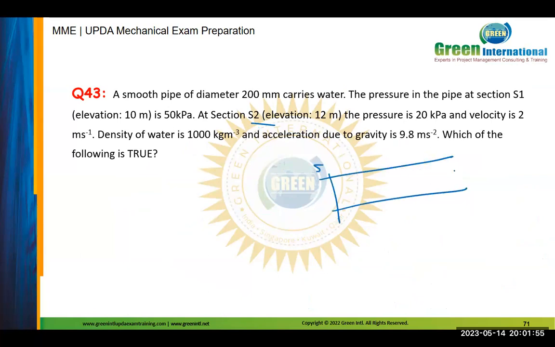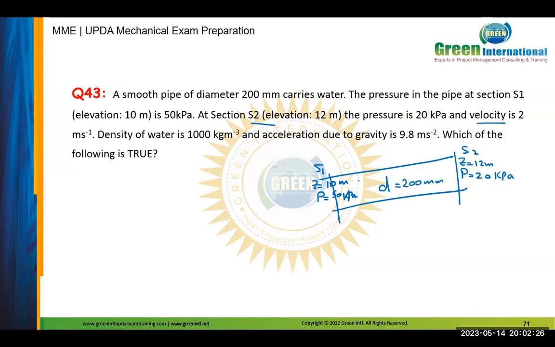This is S1, this is S2, and they give you data for S1, which is elevation 10 meter, pressure 50 kilopascal. The other one here, Z is 12 meter, pressure 20 kilopascal. Diameter 200 millimeter.